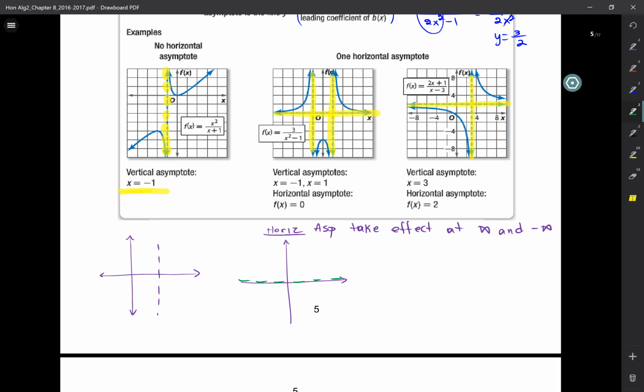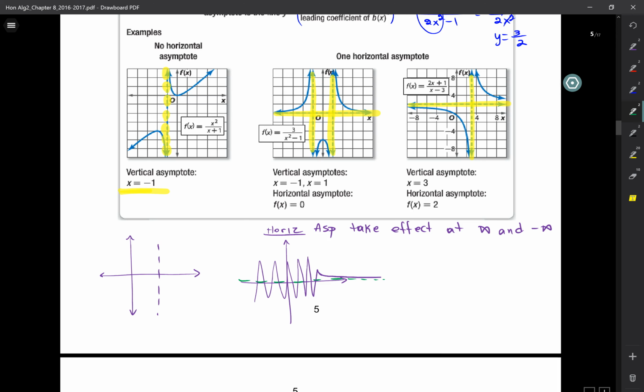The asymptote starts taking effect at 1,000, -1,000, 1,000,000, 1,000,000,000 and beyond. What do I mean by that? In the center, a graph can cross the horizontal asymptote as many times as it likes. It's only at the very ends that the asymptotes take effect.